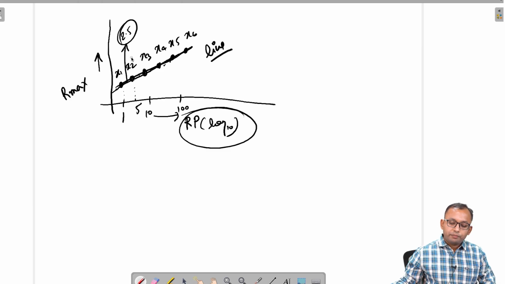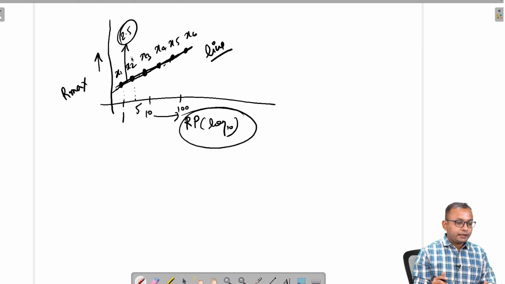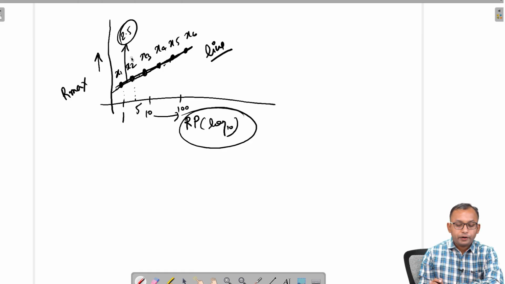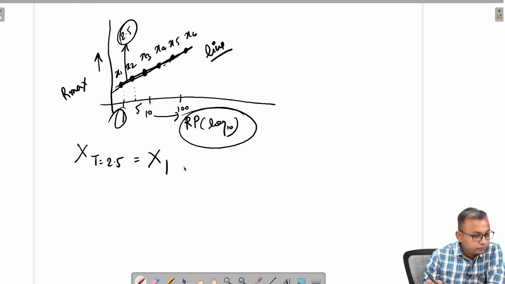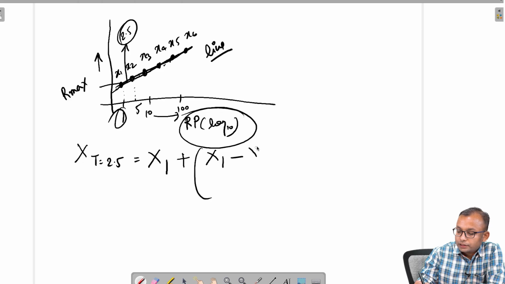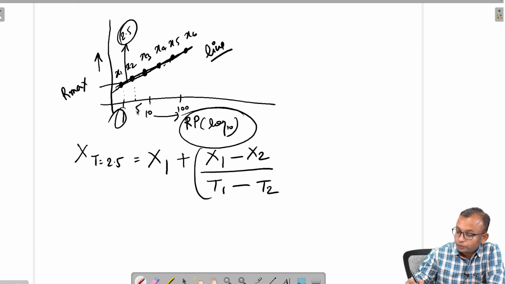So, how do we do that mathematically? Let us say we wanted to find out the magnitude when t is equal to 2.5. It can be the first value x1, what is x1? This one, or the corresponding value of x1, okay, plus the slope of the line, which is let us say x1 minus x2 divided by t1 minus t2 between these 2 points, x1 and x2, t1 and t2, okay.